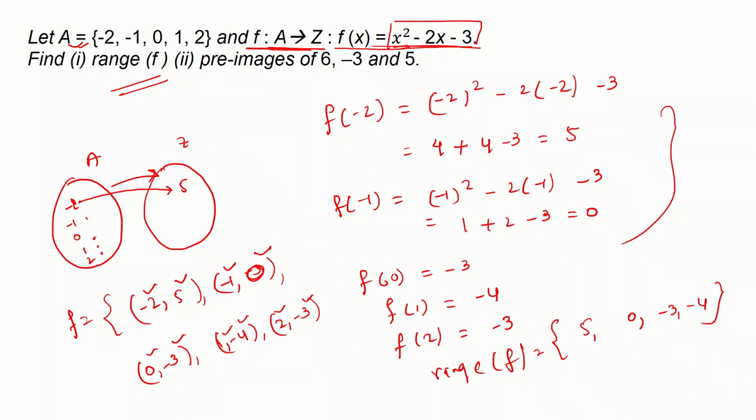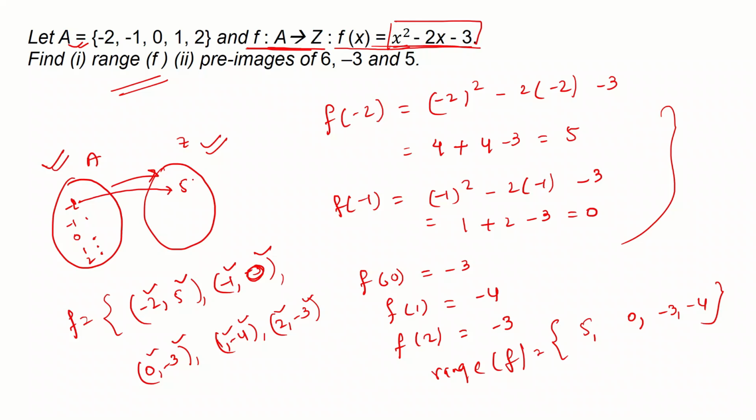That means 6 is some image, and we need to find out its corresponding pre-image. You remember I told you that all the elements that belong in here are called the pre-images, and all the elements that belong in here are called the images. So we are given a value 6, and to find its pre-image, we have to find that value of x which will give us 6.